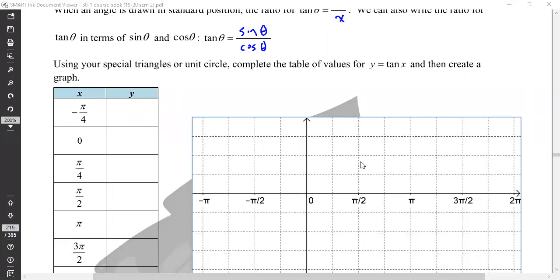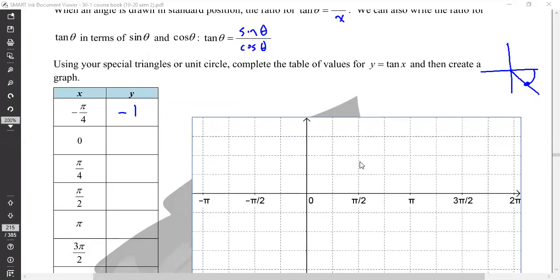So if we try to start to piece this together, when our angle is negative pi over 4, if we are looking at tangent, negative pi over 4 is here. Then our tangent is y over x, so it's negative root 2 over positive root 2.